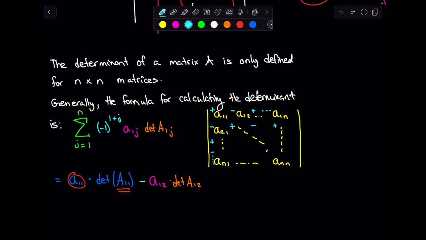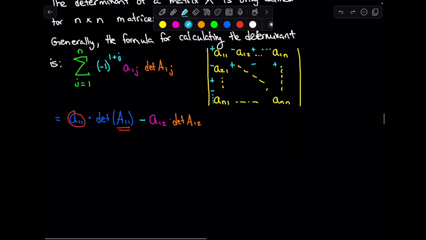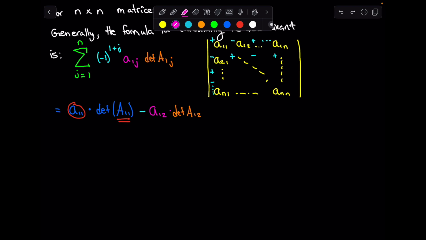This naturally brings up the question, why do I have them on all of these? Because it turns out that you can calculate the determinant by expanding along any row or any column that you want. So I'm going to write that down because it's very important.